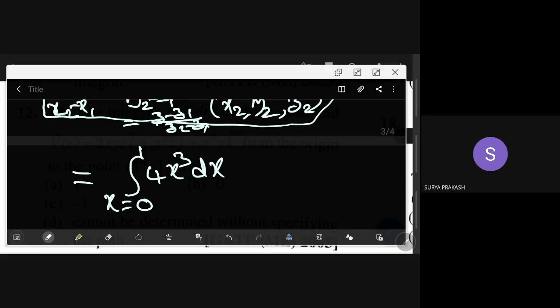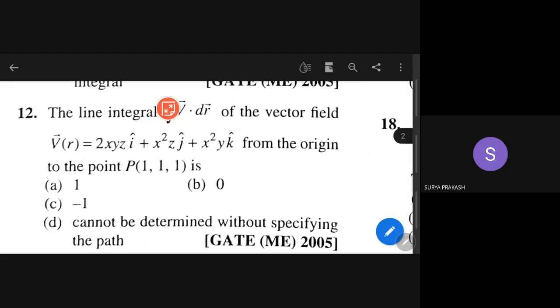So the integrand involves only one variable x, that varies from 0 to 1. So you have x power 4 between 0 and 1, so you are getting the answer as 1. So A is the answer here, for question 12.